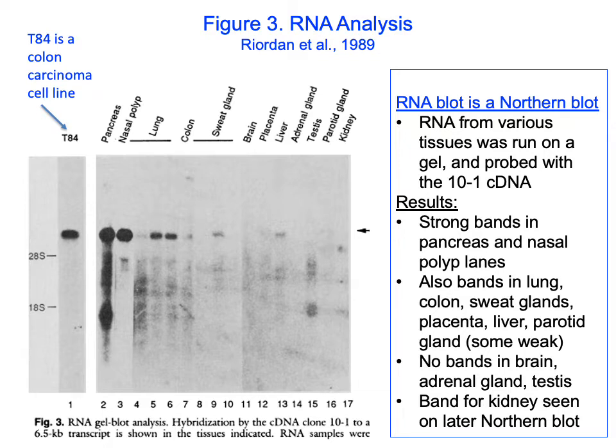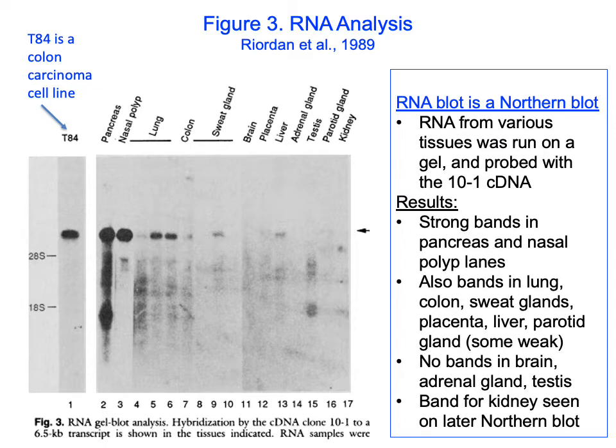And so the idea here is to ask whether or not this gene is expressed in each of these different tissues. A control of sorts is shown on the far left. The T84 is a colon carcinoma cell line, and so they see a strong band there. The results from their tissue analysis were strong bands in the pancreas and nasal polyp lanes.